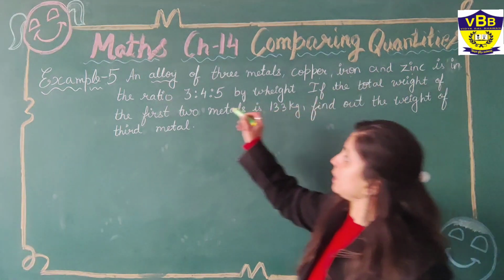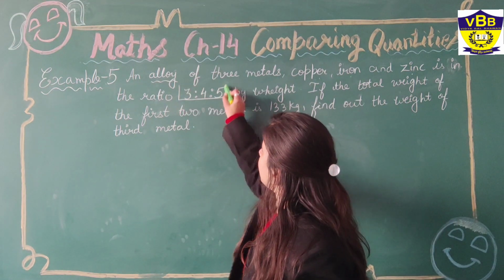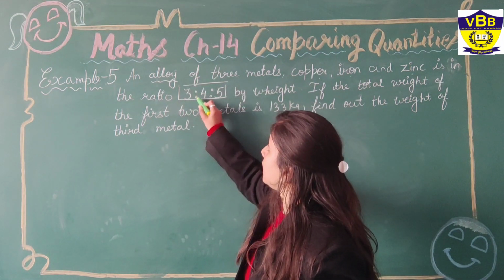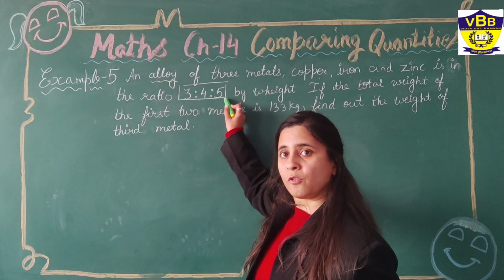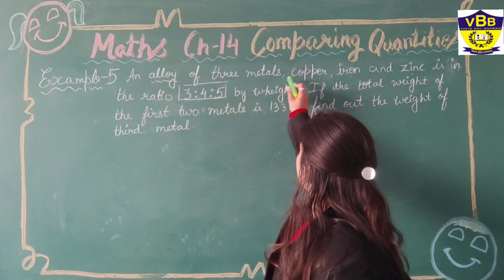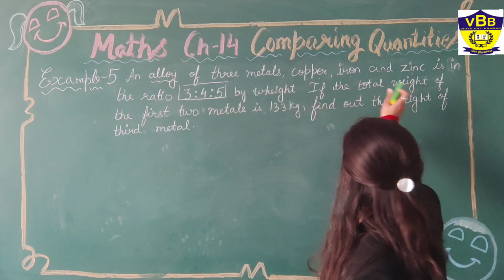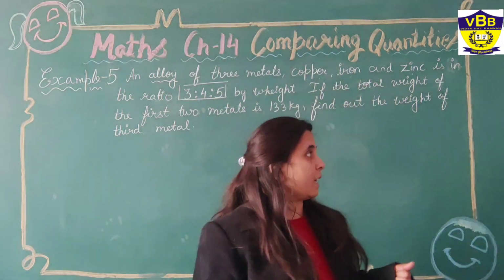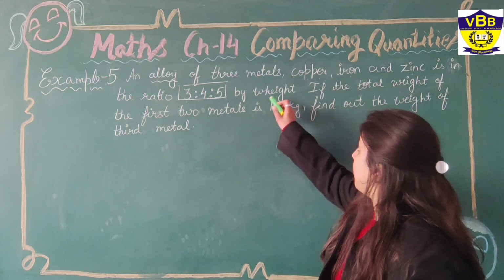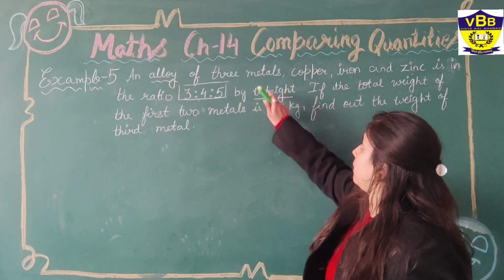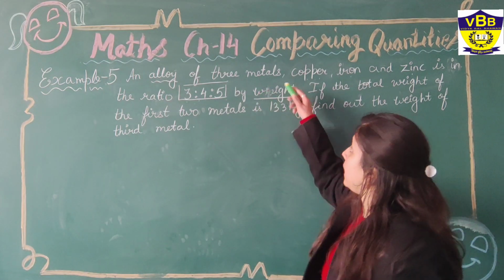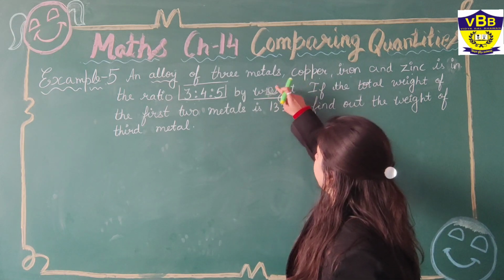And they are mixed in the ratio 3:4:5. That means 3 parts of copper, 4 parts of iron and 5 parts of zinc have been mixed according to their weight.